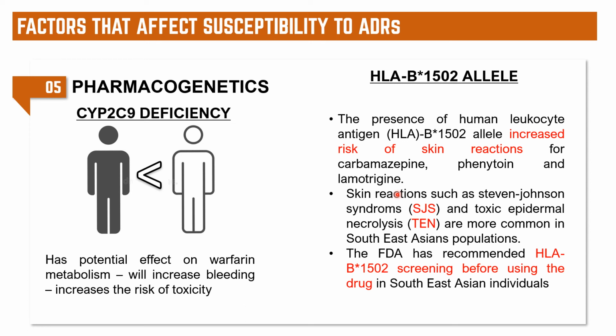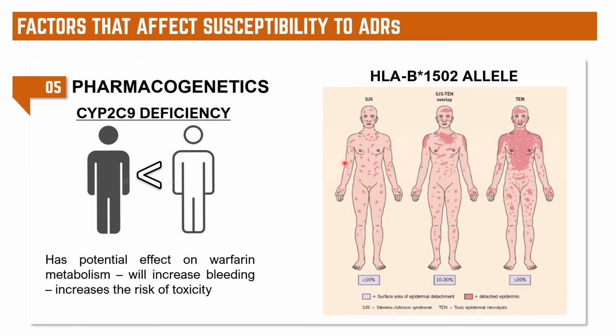Thus, the FDA has recommended HLA-B*1502 screening before using these drugs, especially in Southeast Asian individuals, including those from China, Thailand, our country Malaysia, Indonesia, Philippines, as well as Taiwan, and to a lesser extent in India as well as Japan.